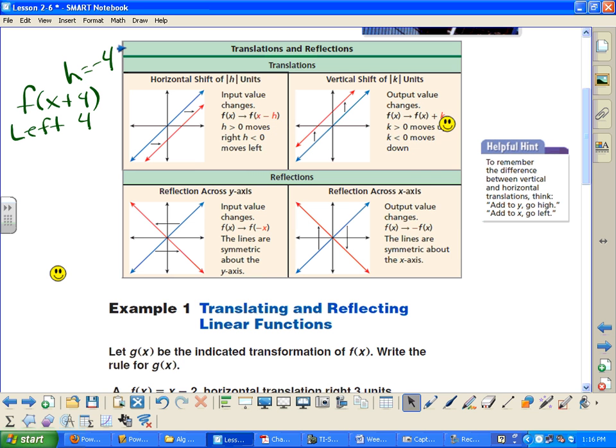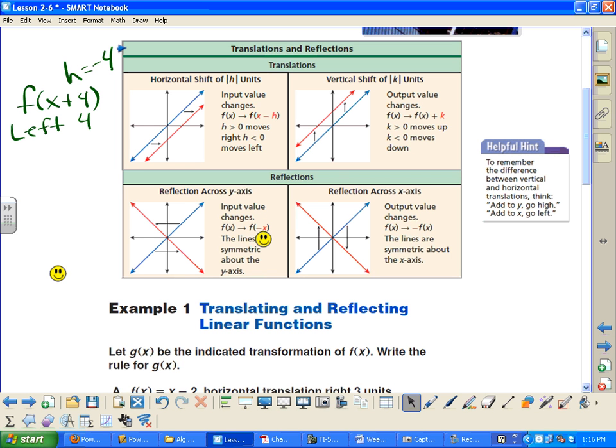If we're adding something on to the end of the function, then it's k, and that means we're doing a vertical translation and moving it up or down. This affects x, and because this is added to the whole function, it affects y, moving up or down. Reflections: if it's a horizontal reflection, it affects x.